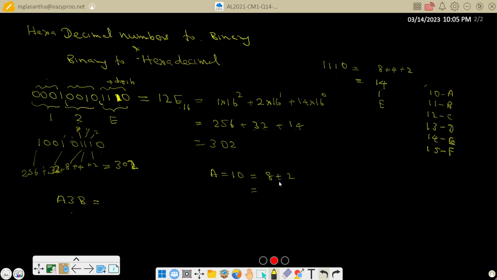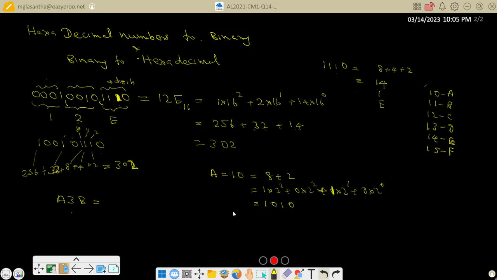So this equals 1 into 2 to the 3 plus 0 into 2 to the 2 plus 1 into 2 to the 1 plus 0 into 2 to the 0. So what is this number in binary? 1, 0, 1, 0. 10 equals 1, 0, 1, 0. Right?